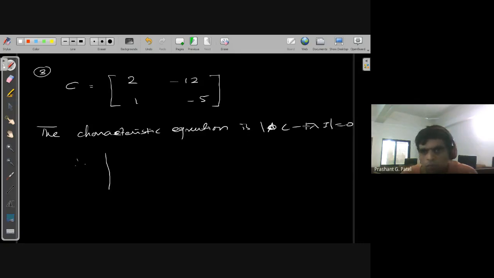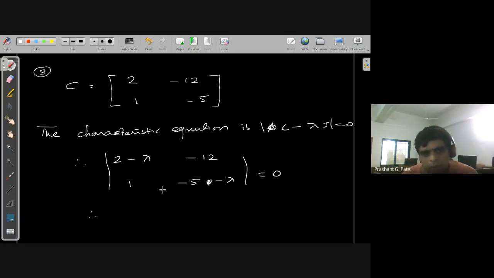That is the determinant of C minus lambda I. So it is 2 minus lambda, minus 12, 1, minus 5 minus lambda, equal to 0.